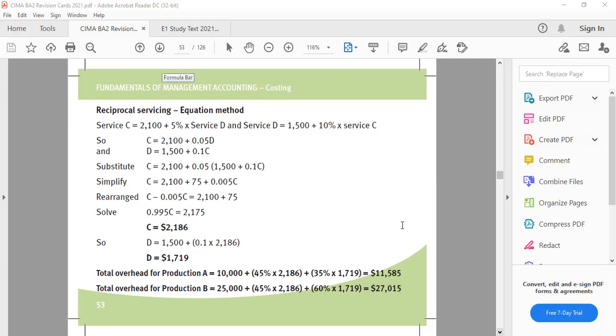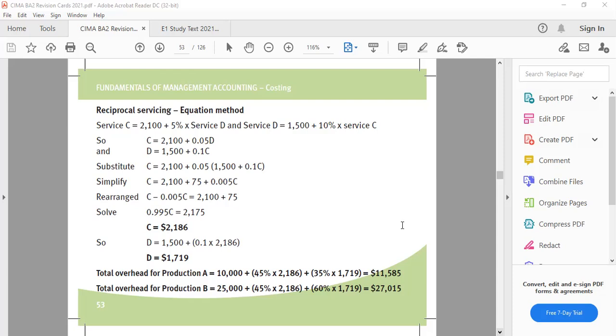Substitute what it is. 0.1 into 0.05, how much will it be? What is 0.1 of 2100?